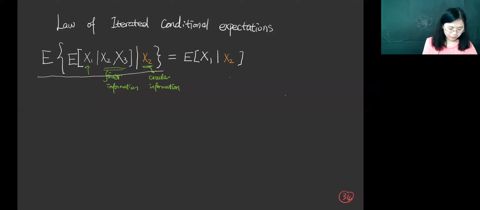And this iterated conditional expectation will equal the conditional expectation given only the cruder information. So why is this true? We can do a brief proof of that, just using the definition of conditional expectations.